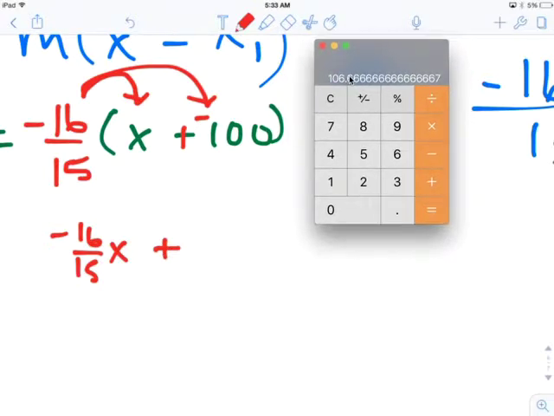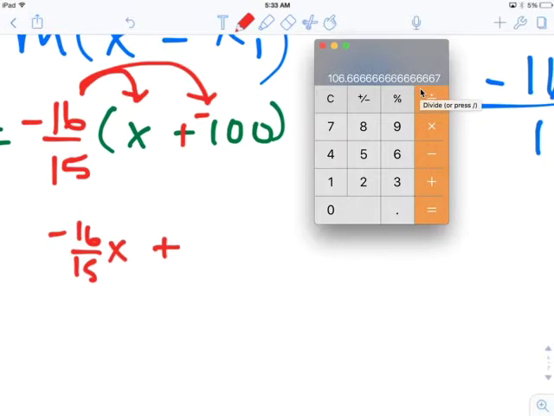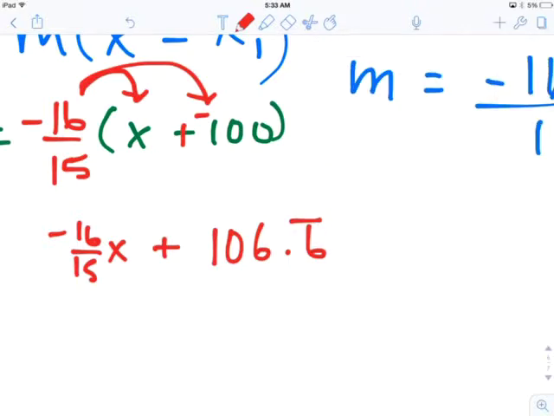Anything with 6666 repeating is 2/3. We'll use the decimal, 106.6 repeating. That I expect you to know how to solve with.